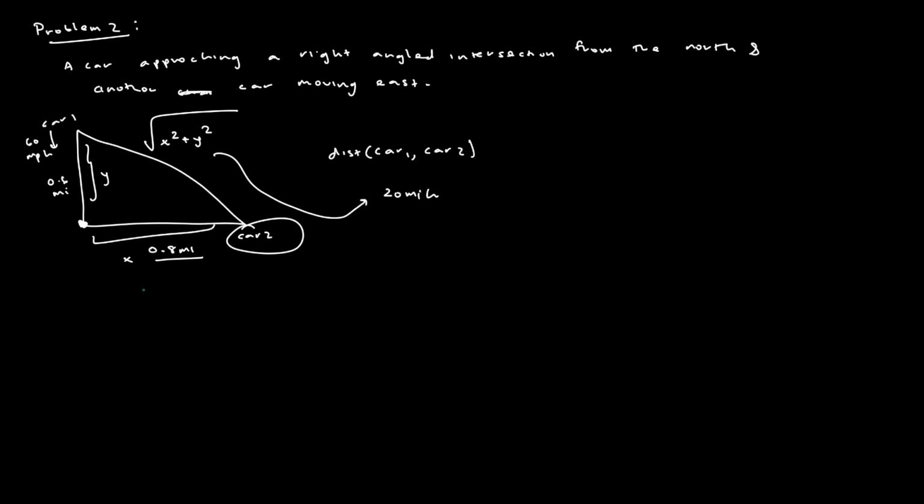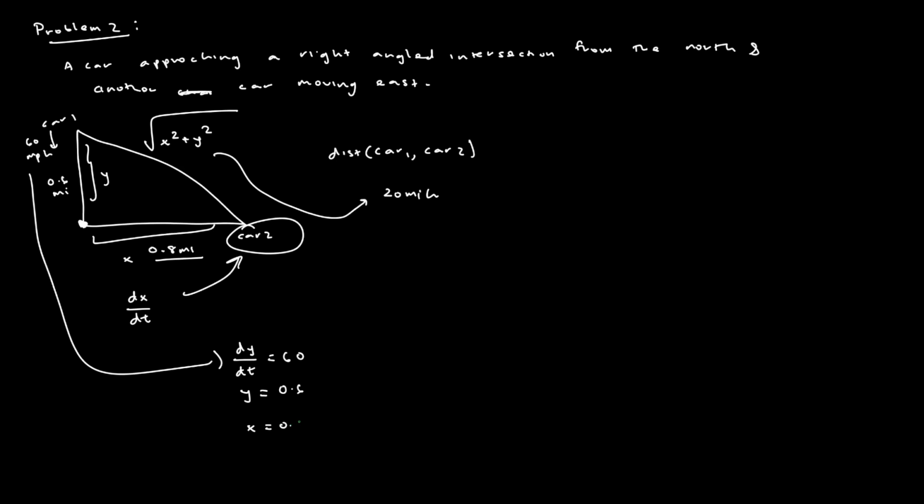We want to find dx over dt, because we want to find out how fast car 2 is going. And we know dy over dt is equal to 60, and y is equal to 0.6, x is equal to 0.8.